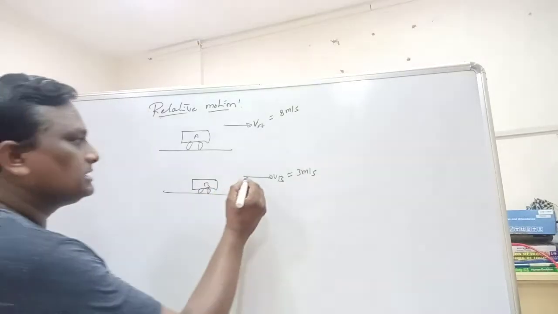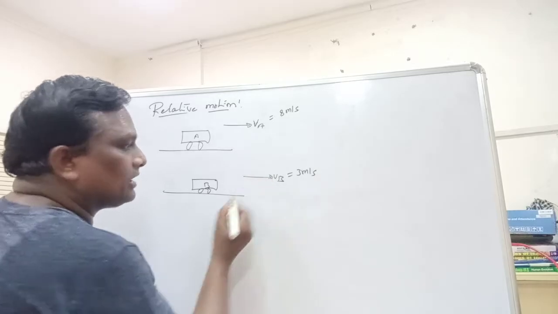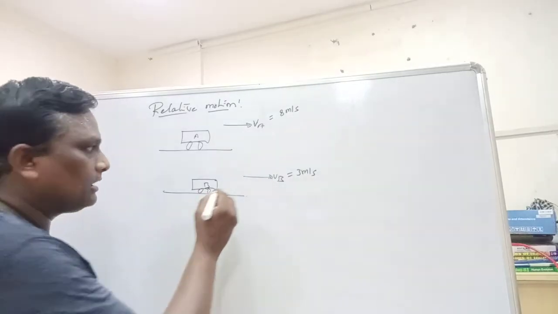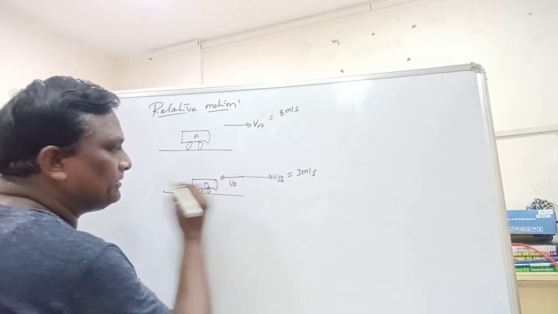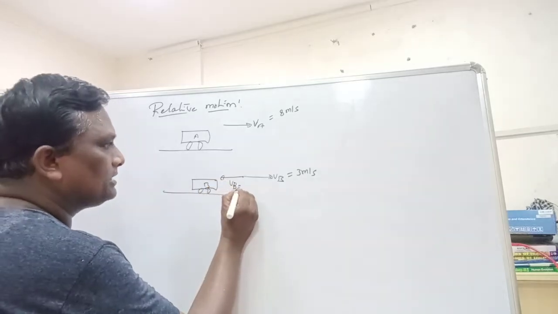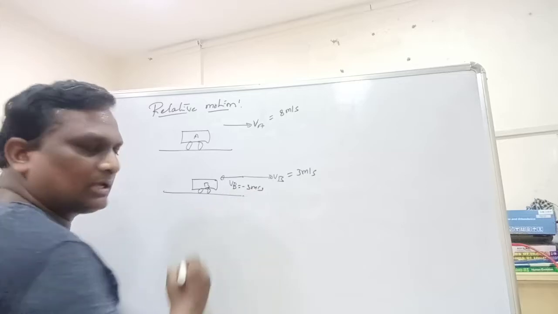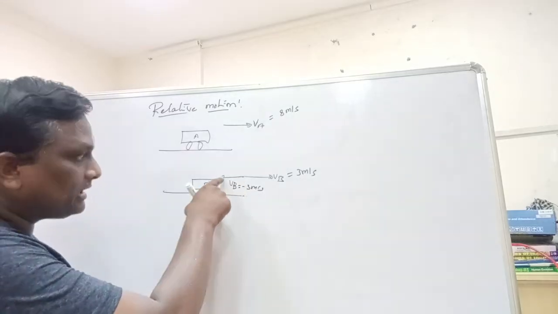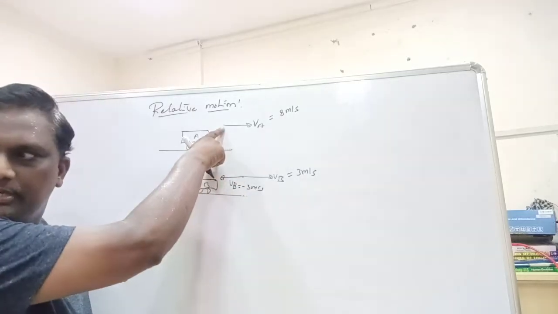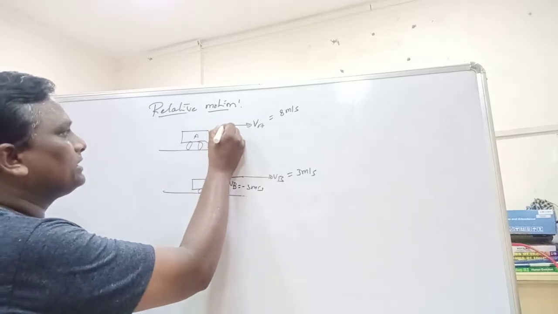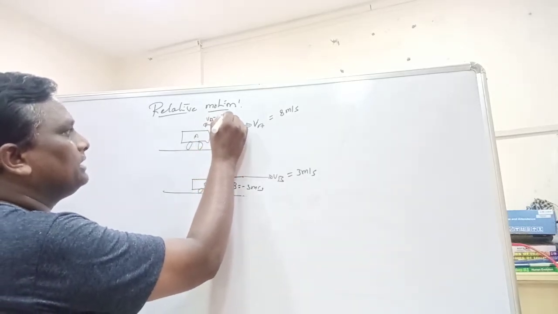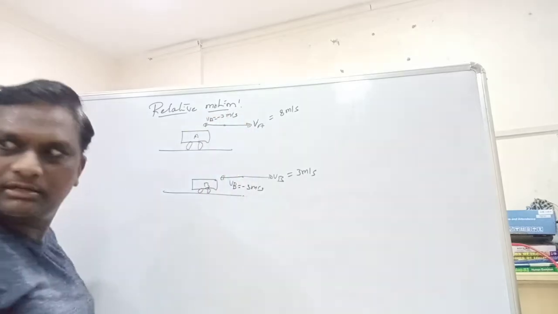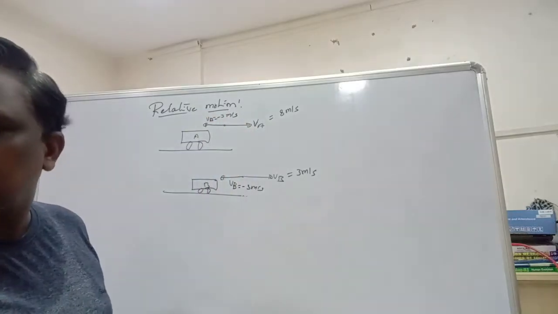See here, this is the velocity of car B. Now you can add in the opposite direction the same VB, that means minus 3 meter per second. If you add this vector here, you add it for A also, in the opposite direction, equal and opposite.